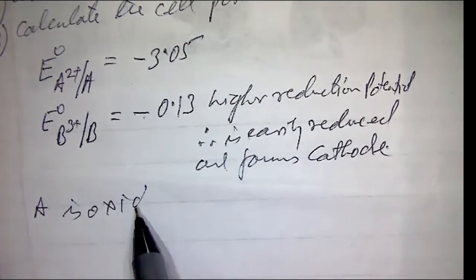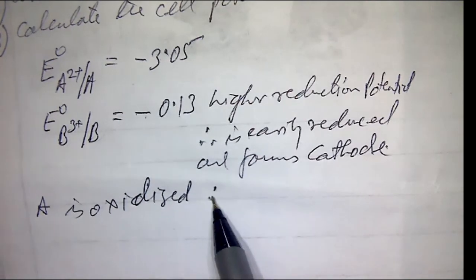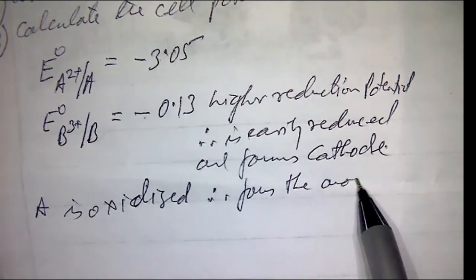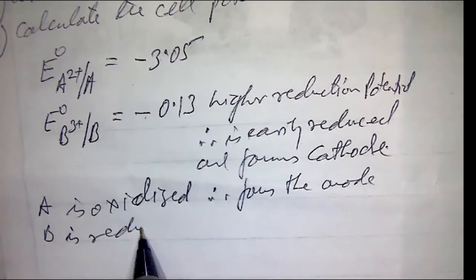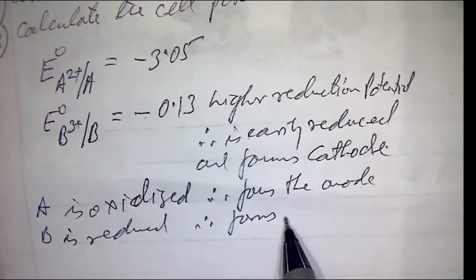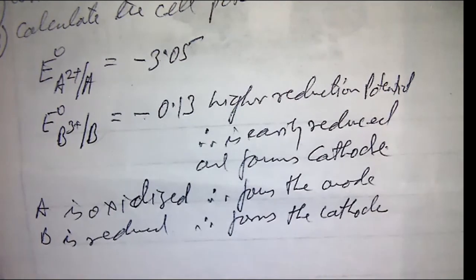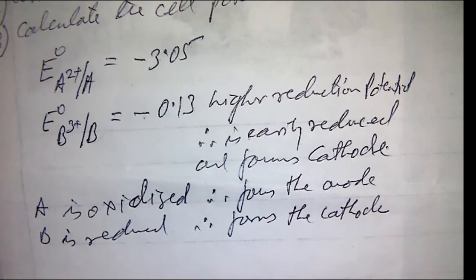A is oxidized, therefore forms the anode, and B is reduced, therefore forms the cathode. Clear? So A is anode, B is cathode.